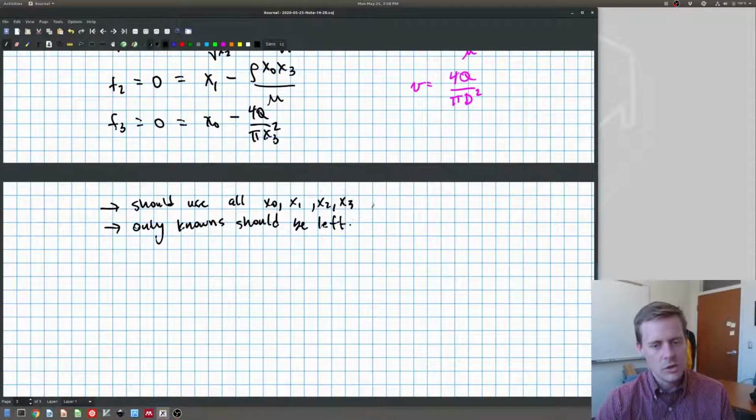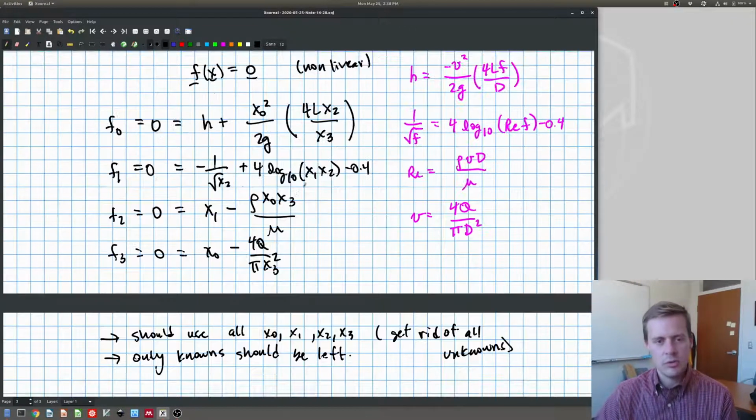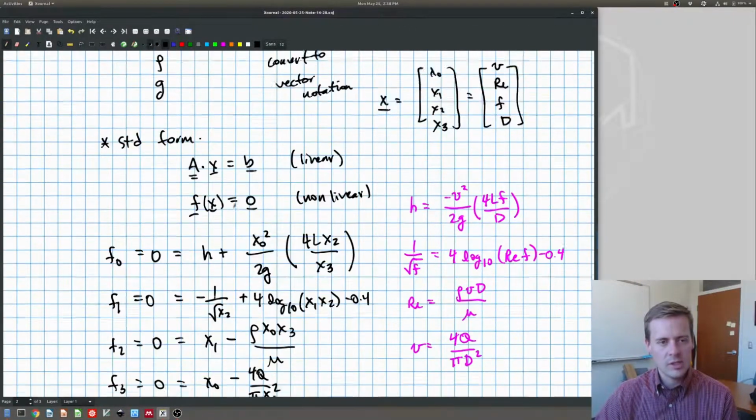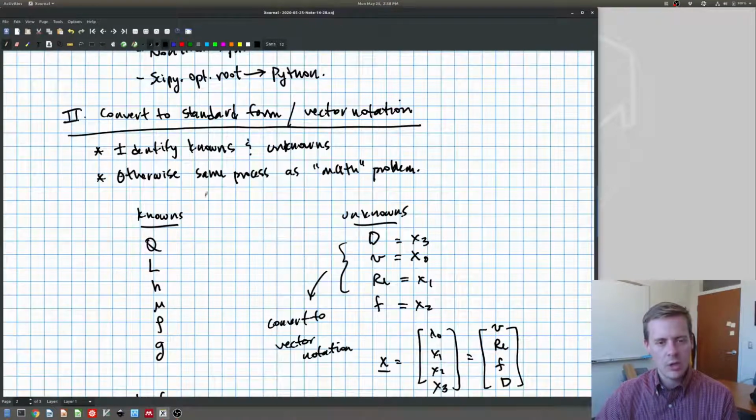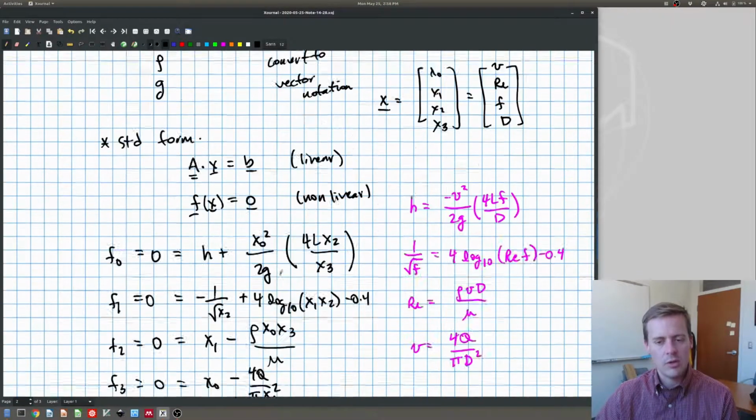Should use all of these, and I should get rid of all unknowns. So that's tip 2, or step 2, is to convert this into standard form and to make sure I've identified all my knowns and unknowns.